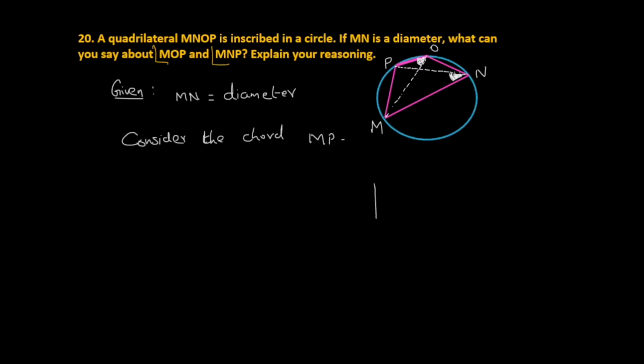Taking the chord MP, here O is a vertex. If you join, you get the angle MOP. Then N is another vertex, and joining gives this angle, with an arc there. That means these two are same segment angles.